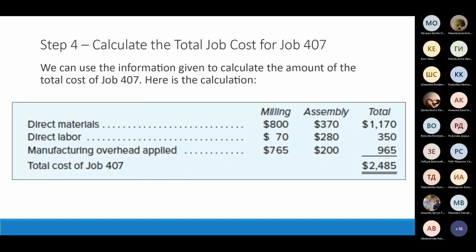And therefore, we will sum up all the elements and calculate the total cost of job, which is consisting of 2 different activities, milling and assembly. So I think the idea is clear, and it's really clear how we can do this, because this costing system is quite simple. The most complicated operation here is to define the cost driver correctly.